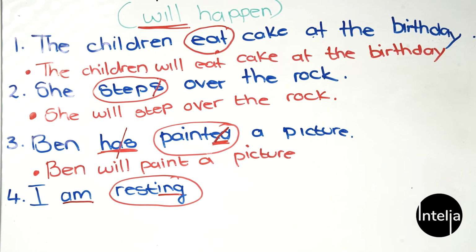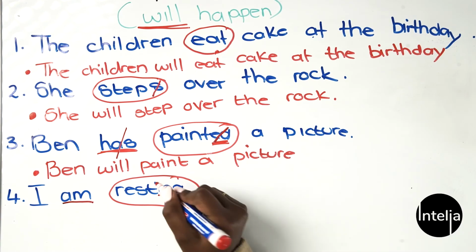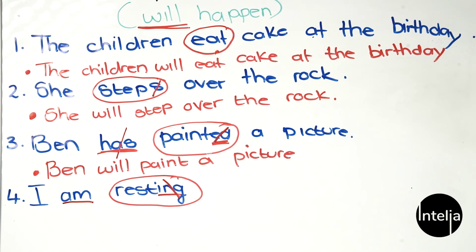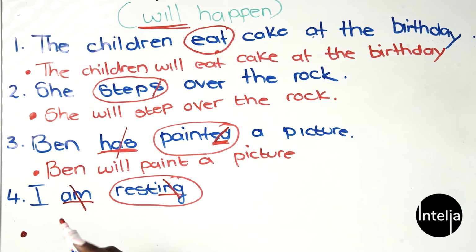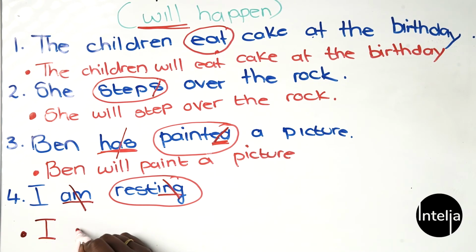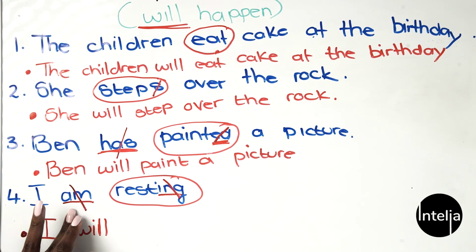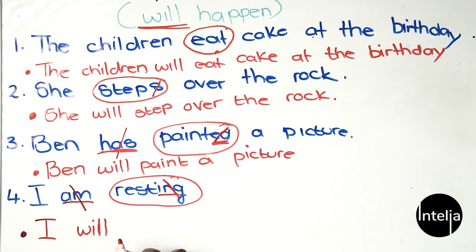If I am helping, if I am running, if I am screaming, that means that is something that I am doing right now in the present. It is happening now. So we need to take away the ing, and we need to replace our helping verb with will. So our sentence becomes I will, which we've replaced am with, and if we take away the ing, it becomes rest. I will rest. Awesome, guys.